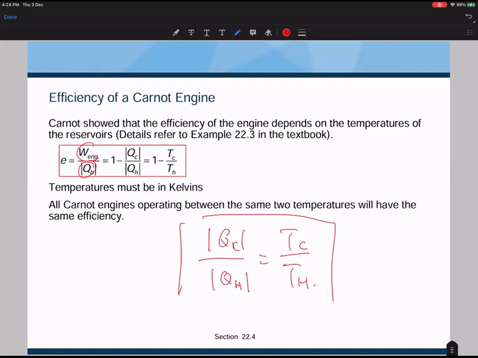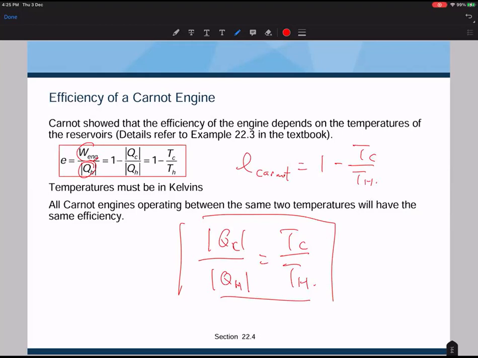Using the relation here tells you the efficiency of a Carnot cycle is equal to 1 minus TC over TH. Of course, T is in the absolute temperature scale, and so its unit is Kelvin.